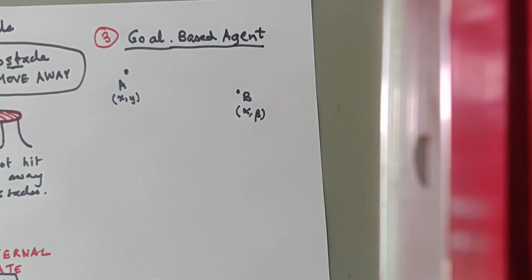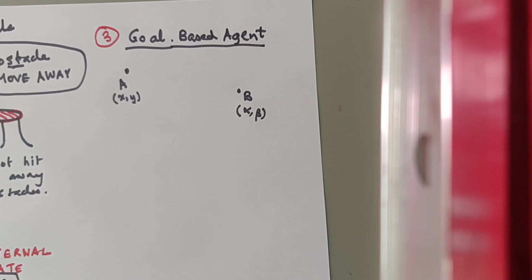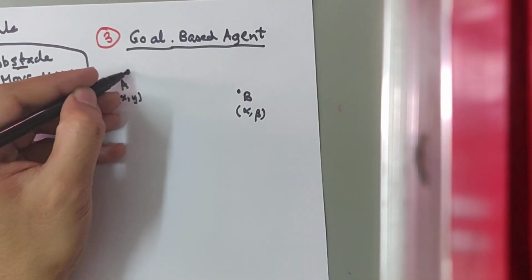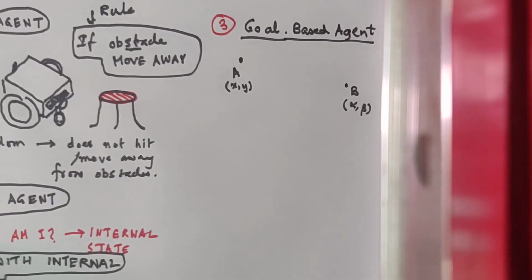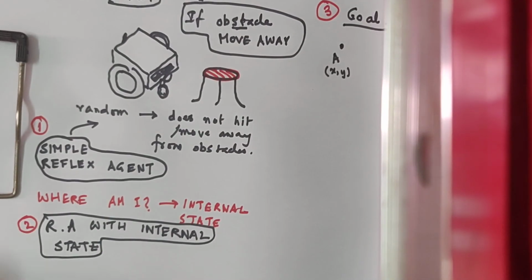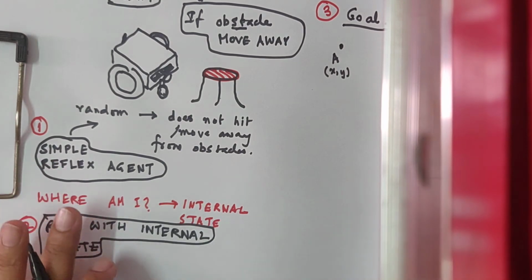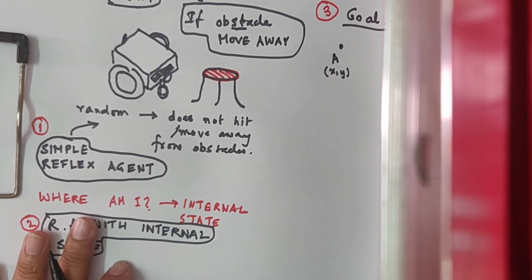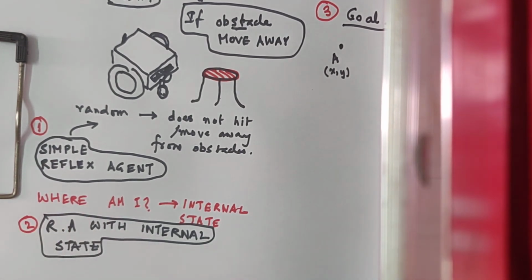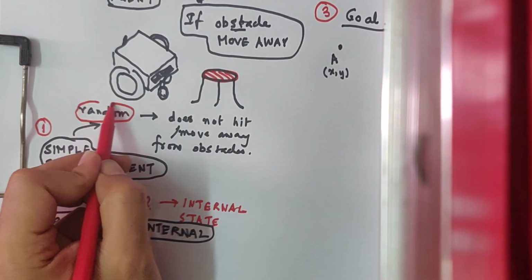Slowly we are developing the robot into a more intelligent and more useful entity, as you can see. Earlier, in number 1 and number 2, simple reflex agent and reflex agent with internal state, when there was no obstacle, the robot was making a random movement.